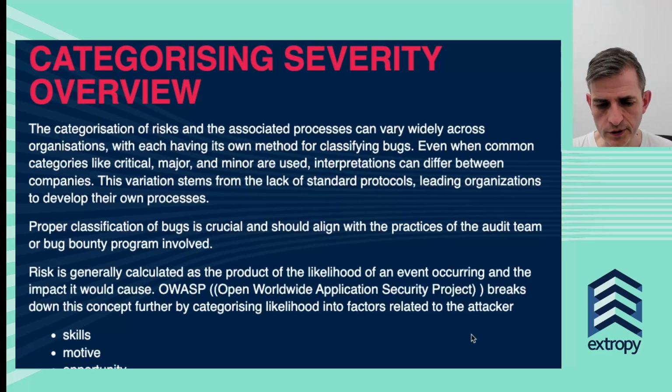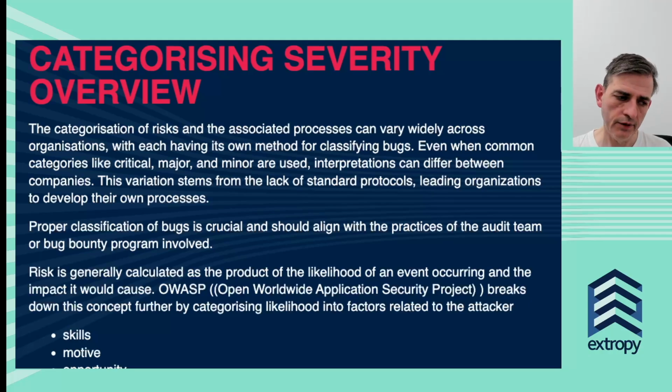Another quite difficult aspect that you will need to do when you are producing the issues and writing your initial report is to give an indication of the severity of the issue that you have found. There are some guidelines to help you with this, although at the moment we don't really have too many standards in this area in Web3.